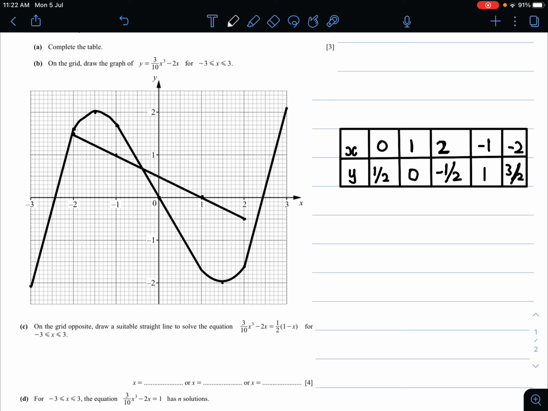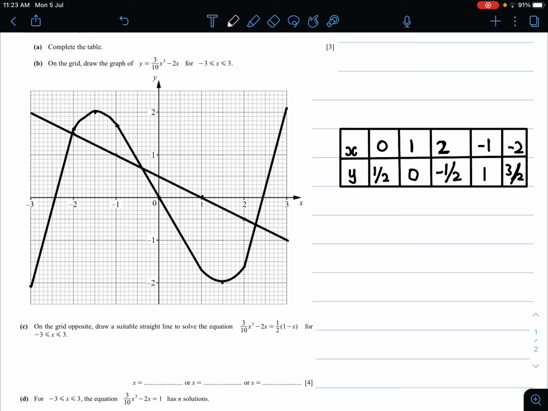So let's do this right here, and make sure to use a ruler so that you get exact answers. Okay, so the three values of x where the line intersects the graph.